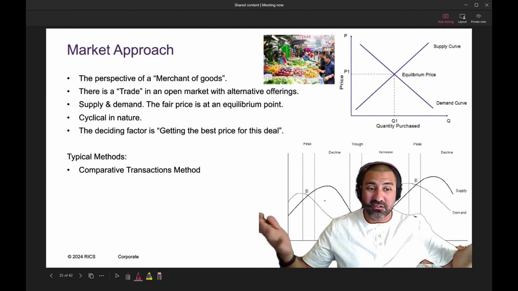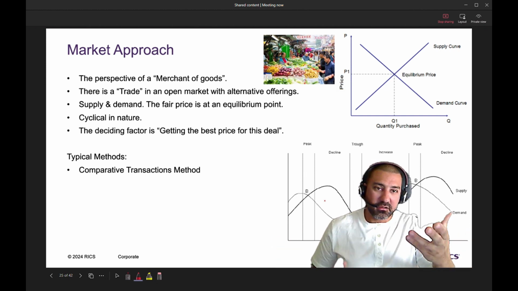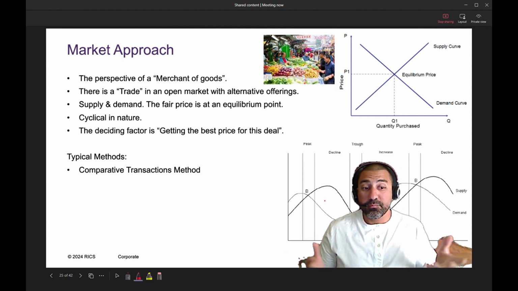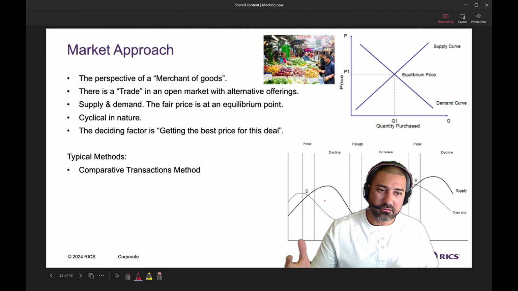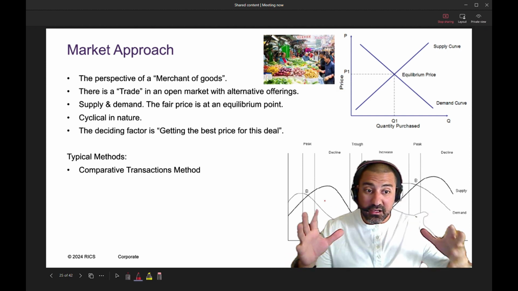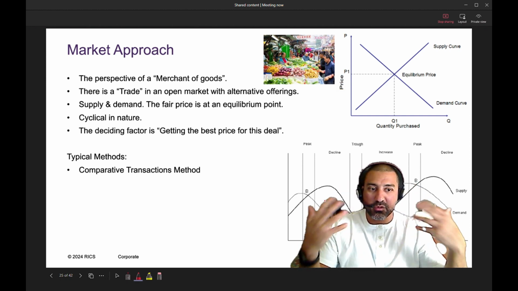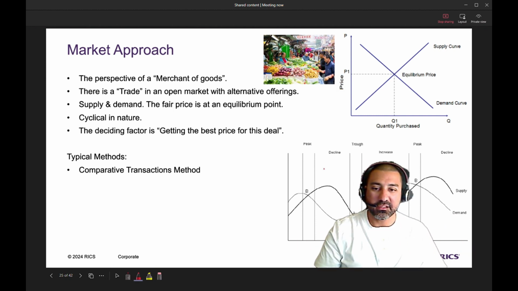Assets are not a commodity like tomatoes in the open market, but you do have some adjustments. Do I pay extra for this extra room? What about the condition? What about the location? But again, the dynamic happens in an open market. The approach, the perspective, or the point of view is that of a trade, buying and selling.